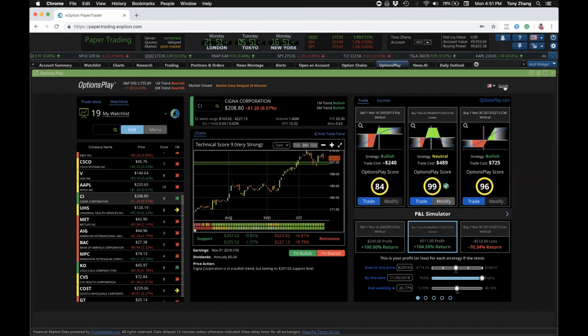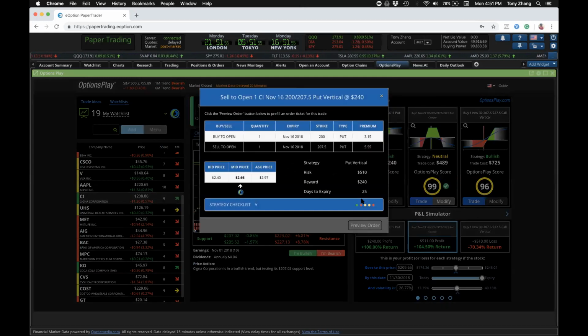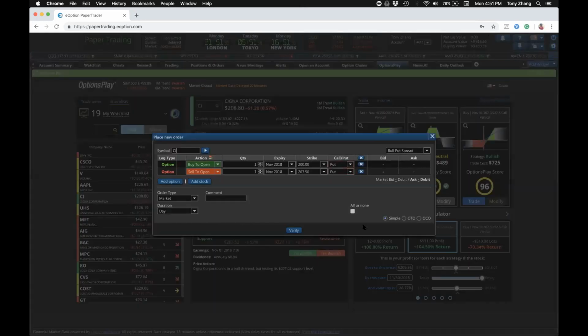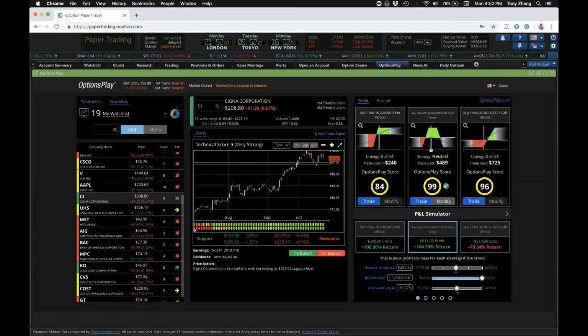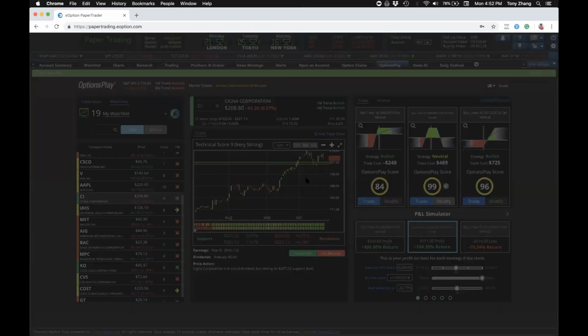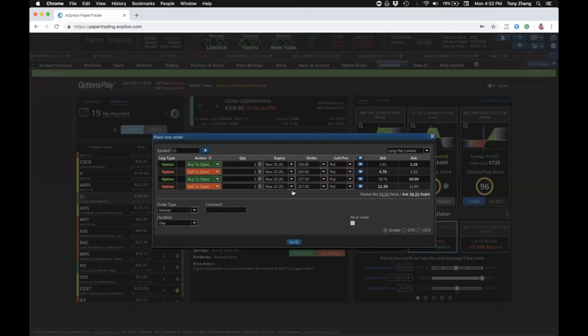And lastly, once you're ready to place a trade, if let's say this is the iron condor or vertical that you want to trade, one of the coolest things that we've done with the Regal integration is when you hit the trade button, we have a preview order button that will actually pre-fill the ticket for you. So regardless of what your trade is, once you view it in OptionsPlay and you're ready to execute it, hit the trade button, hit preview order, and everything will be pre-filled for you so that you don't have to enter anything manually.